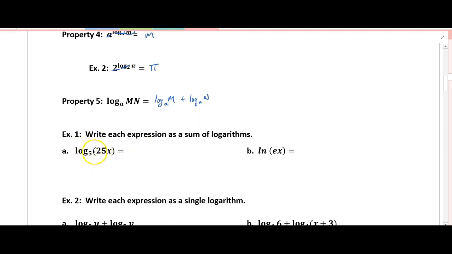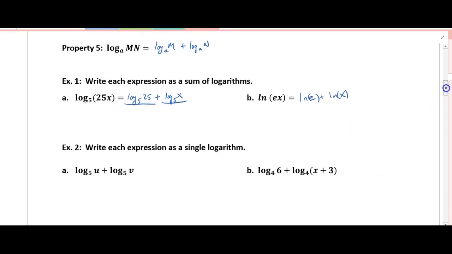So when I look at this example down here, letter A, log base 5 of 25x could also be written as log base 5 of 25 plus log base 5 of x. So these would be your logs. Letter B, I have natural log of e plus natural log of x.